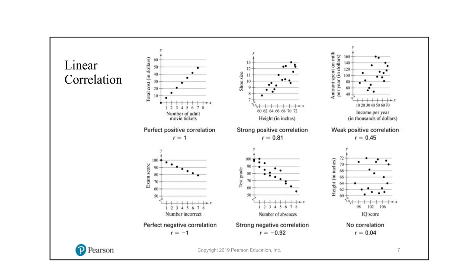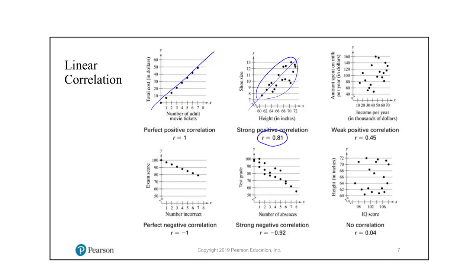So again, this one is a perfect positive correlation because they line up in a line. This one is a strong positive correlation because they are trending upward as x increases, and they're fairly well grouped. We can't measure that from this, but let's say that's an R of 0.81.